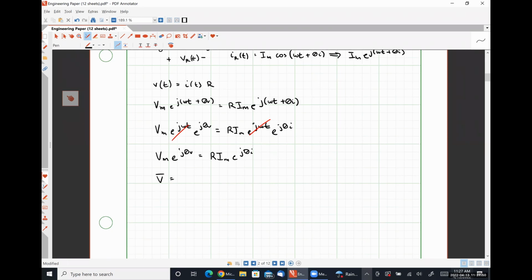On the right-hand side, the quantity Im e to the j theta I is nothing more than my phasor current, because it contains only my magnitude information and only my phase angle information. And then finally, I'm left with a scaling factor of R. So this is Ohm's law in the frequency domain. Phasor voltage V is equal to phasor current I times the resistor R. Okay. I'm going to put a box around this guy. We're going to come back and use it in a little bit.